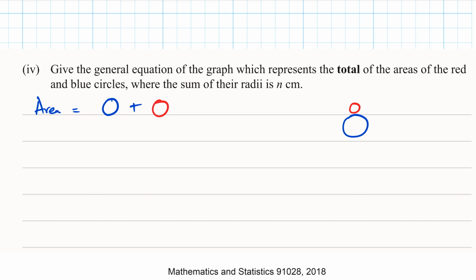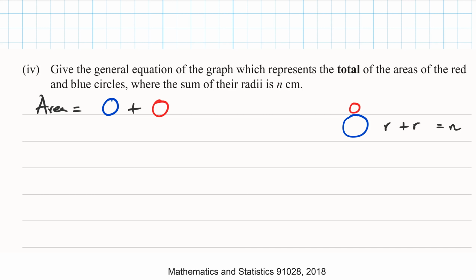So what we do know is the radii themselves, let me just change some of these colors. So what we have is the radius of the blue circle plus the radius of the red circle equals not 5, but n in this case.